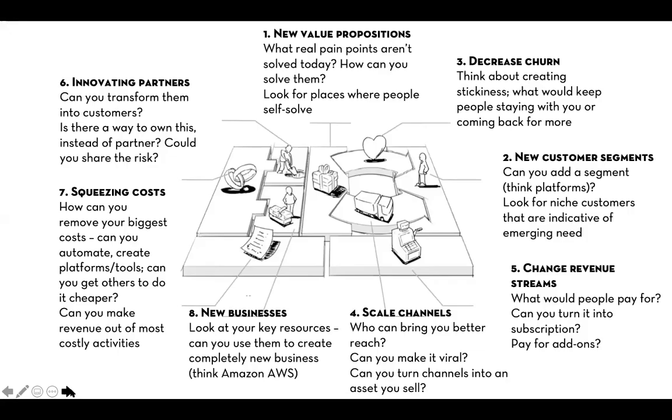And could you share the risk with customers, for example, by having shared revenues with partners, instead of paying to a partner for a service? One of the ways you want to deal with partnerships is to think about how much would it take you to acquire the capability as well, and what is the benefit of having somebody else do something rather than you acquiring this and having it as an asset.